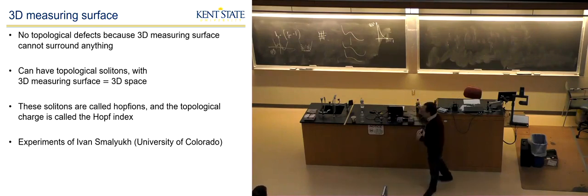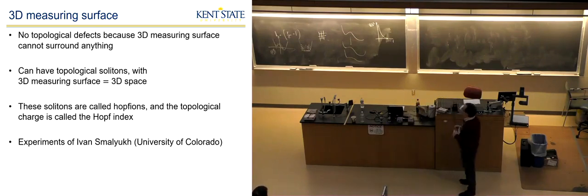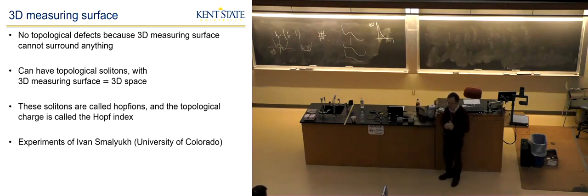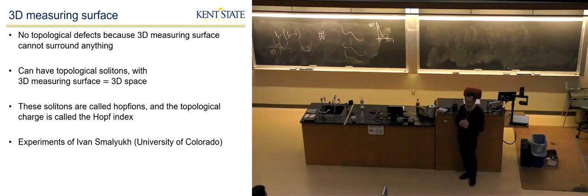Okay, thank you. Excellent points, both of you. The last thing I will mention is, if you thought a two-dimensional measuring surface was too easy, you can go to a three-dimensional measuring surface. That is possible, right?